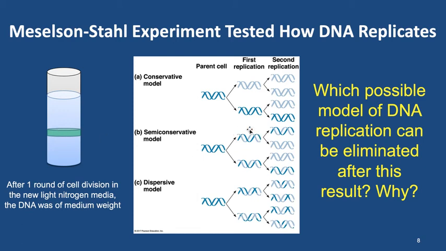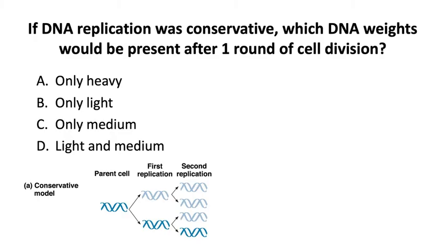You should have a light band and a heavy band. Instead, what we see is a medium band, and that is consistent with either one of the strands of DNA in each DNA chromosome is going to be heavy and the other strand is going to be light, or it could be consistent with the dispersive model where it's just a mixture within. That could result in the medium. So that's after just one round.